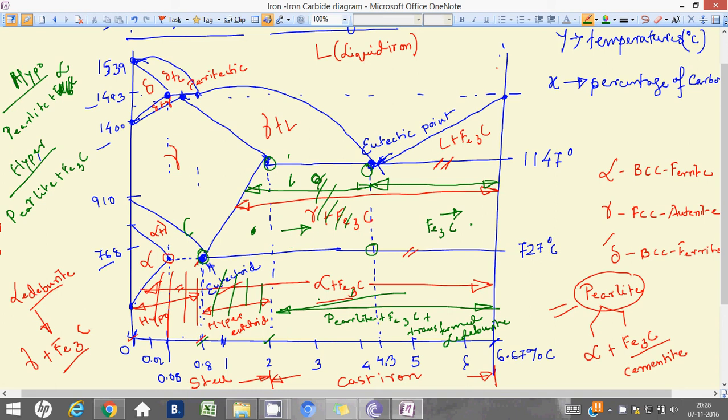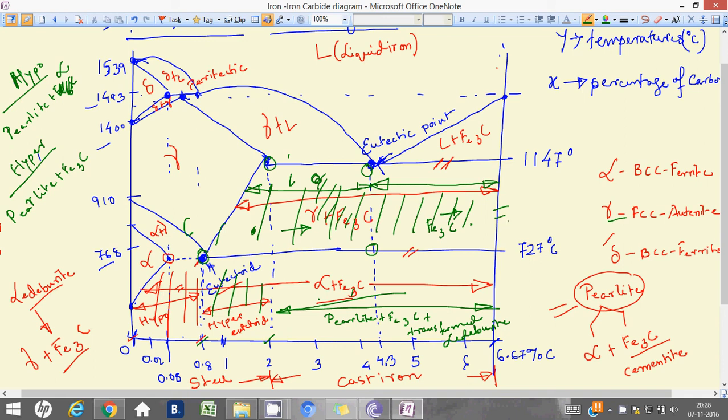So the entire region is ledeburite plus Fe3C, but near gamma, the percentage of gamma iron will be much higher, and towards the right, the Fe3C percentage will be higher. So this is what our iron carbide diagram is all about in general.